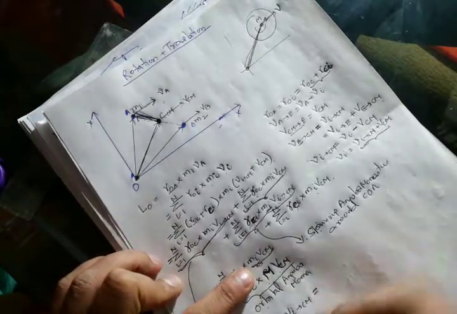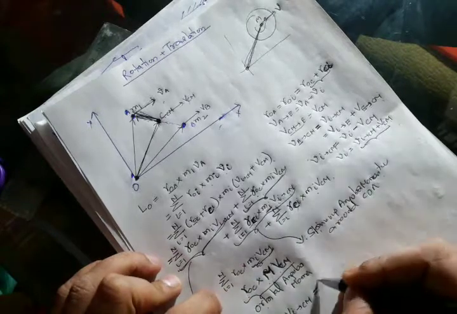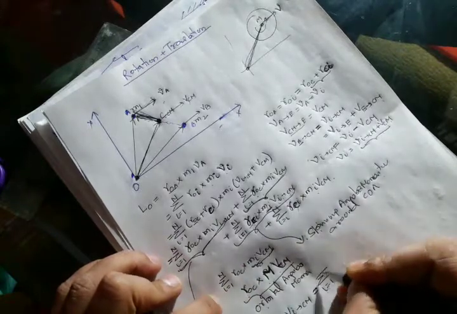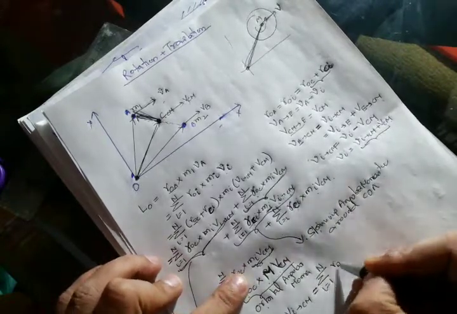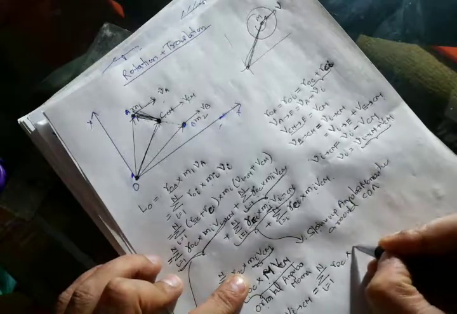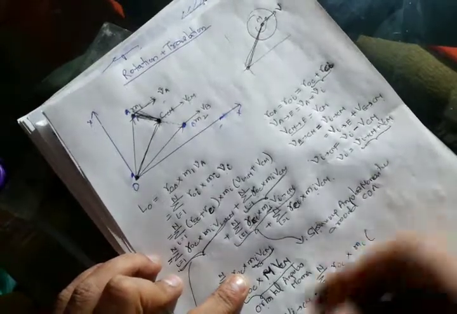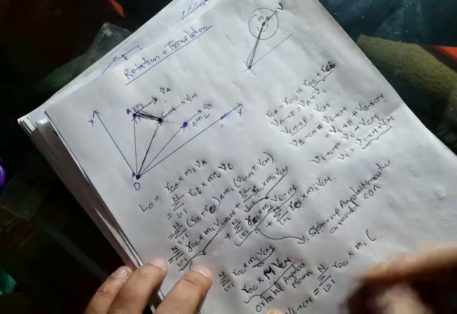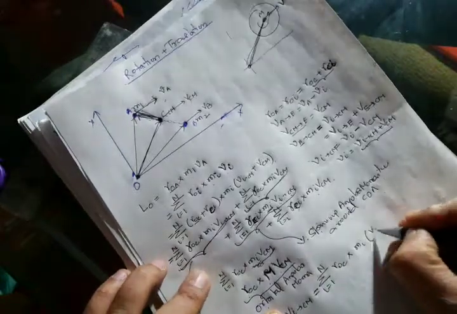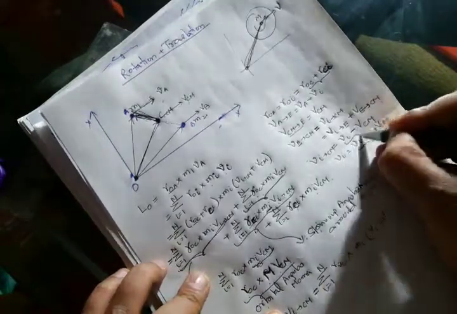So this is sigma i equals 1 to n R_OC cross m_i v_i with respect to CM. We can write it as v_i minus v_CM from here.